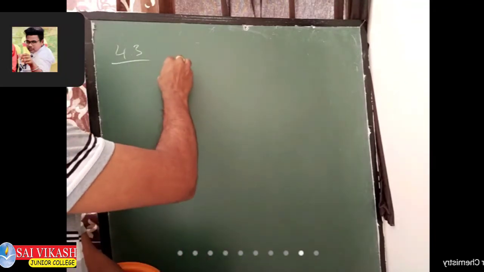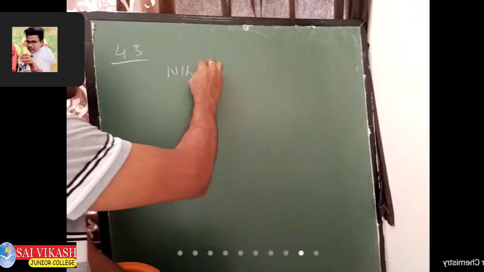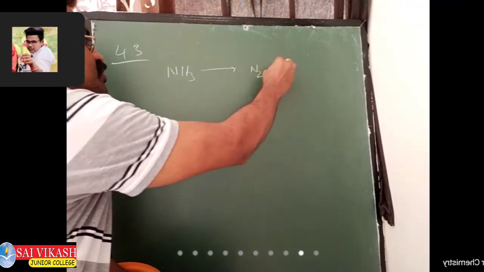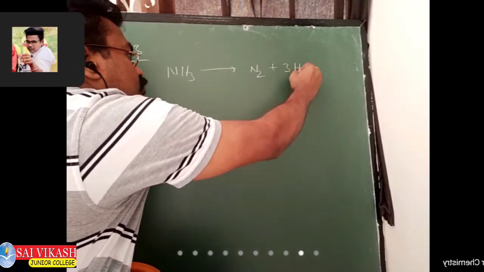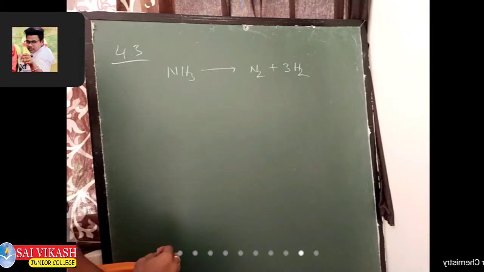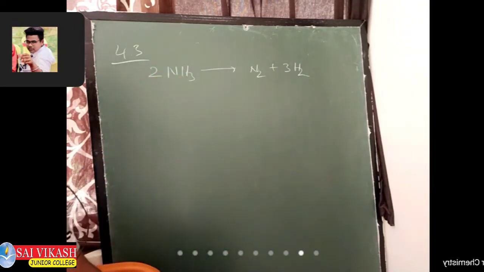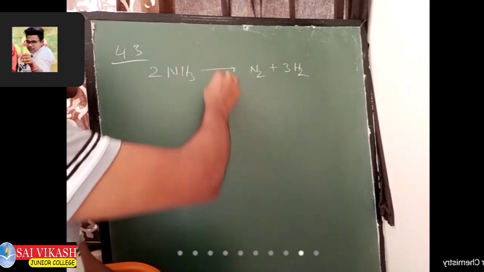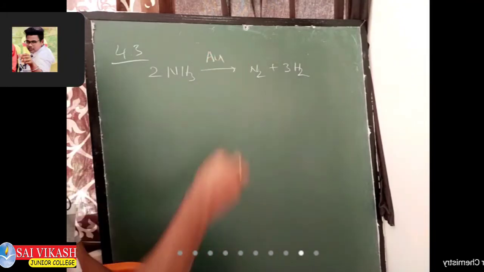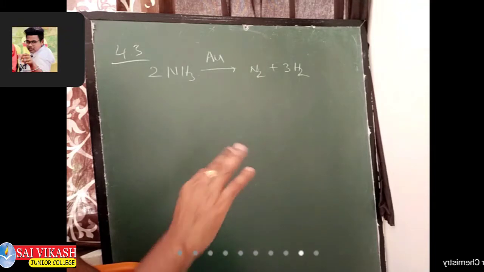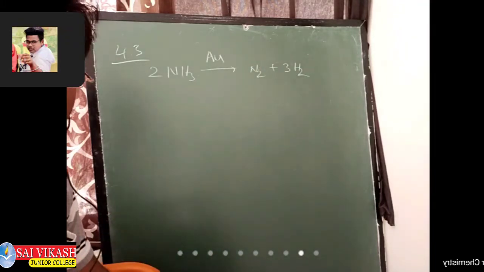Like that, the decomposition of ammonia. See, this ammonia decomposition is zero order, meaning N2 plus 3H2 is zero order. Even if 2 moles are taken, it becomes zero order because a metal surface is given. Any gas adsorbing on a metal surface, I told you, is an example for zero order.